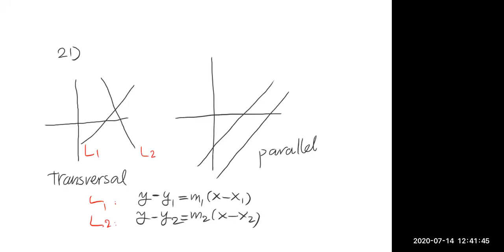Do you know when these 2 lines are parallel, just by looking at the equations? Yes, exactly. If their slopes are equal, they are parallel. If m1 is equal to m2, they are parallel. If m1 is not equal to m2, they are not parallel.